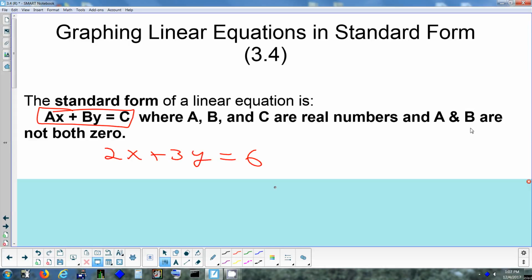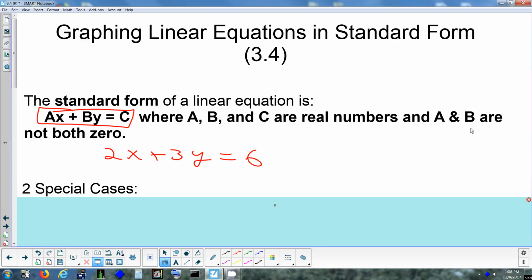In this case, a is 2, b is 3, c is 6. So these are the kind of equations we're going to look at today. They're still equations of lines. It's a little different than y equals mx plus b. Same shape, different way to write it. That's all.